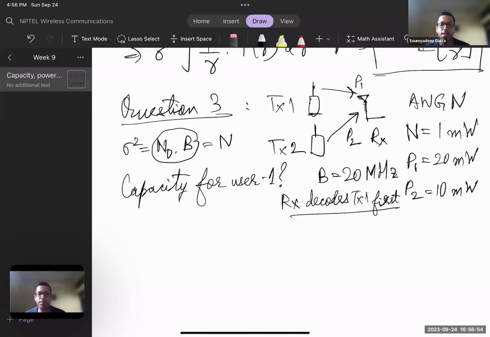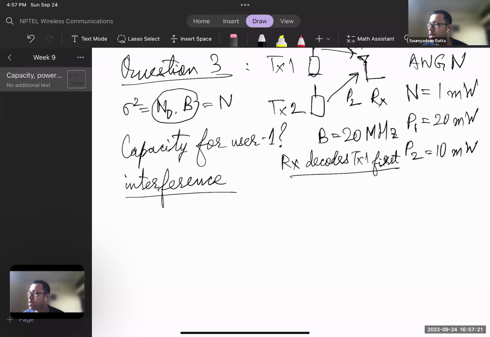For capacity, here there is an interference channel. Why? Because when the receiver is decoding transmitter 1, we have an interfering signal coming from transmitter 2. User 1 signal is interfered by user 2.